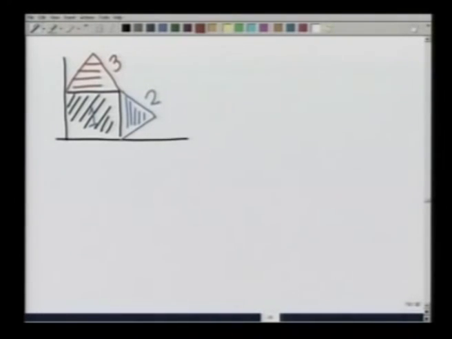triangle number 3. Then I know that x c 1, that is the x coordinate of the centroid of the square, is going to be, if this side is a, a divided by 2.